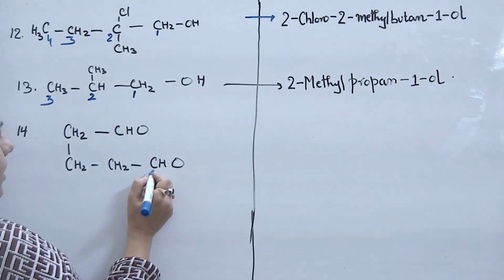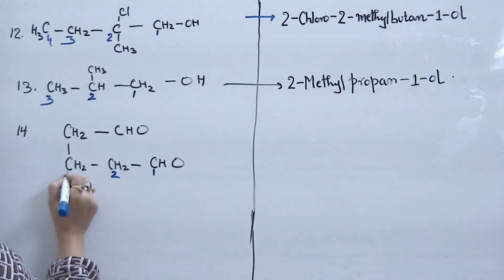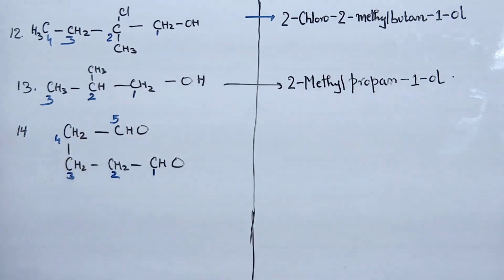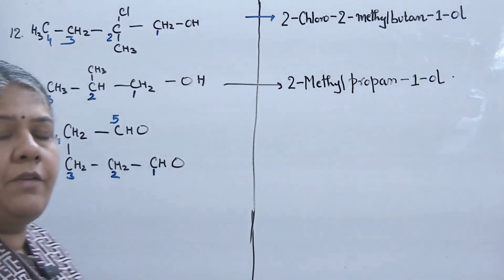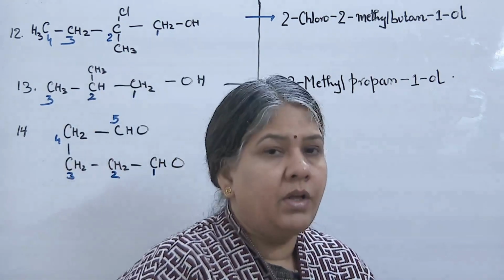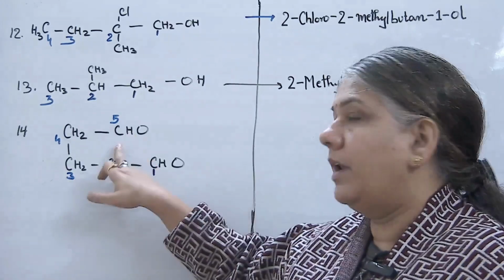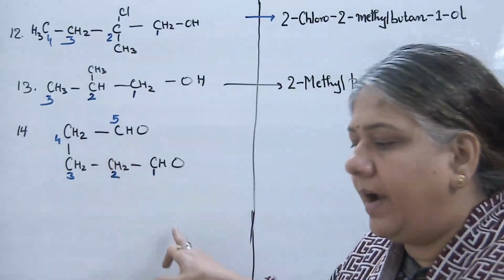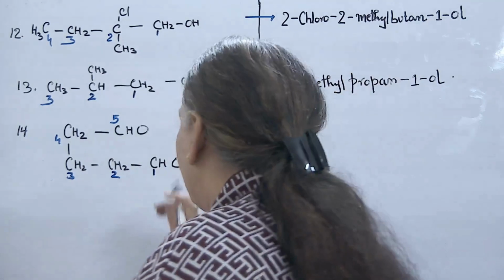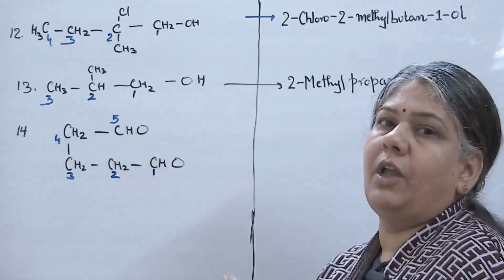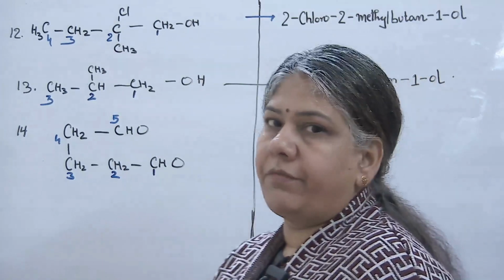Let's number it 1, 2, 3, 4, 5. So there is a 5 carbon chain. Now there are 2 aldehyde groups at carbon number 1 and carbon number 5 are aldehyde groups. So these are the functional group, both are the functional group, and the name will come in the suffix part.